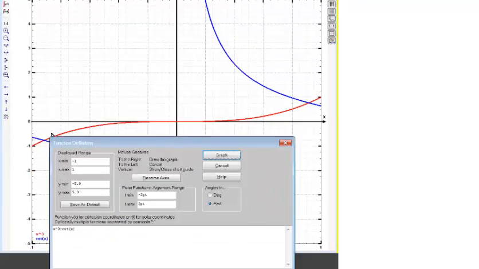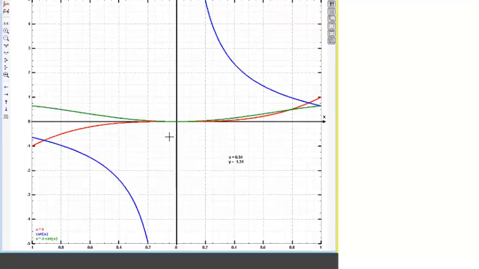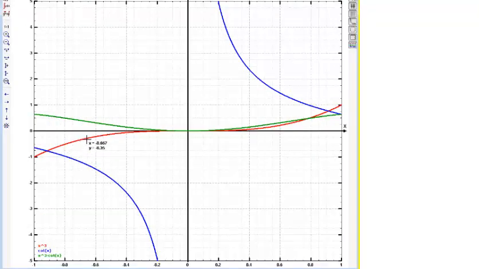So if we plot the actual combination of these two functions, which is going to be x cubed times the cotangent of x, you can see that the product of these two is the green line, and you can see how it approaches 0. It's undefined at 0, but it approaches 0.